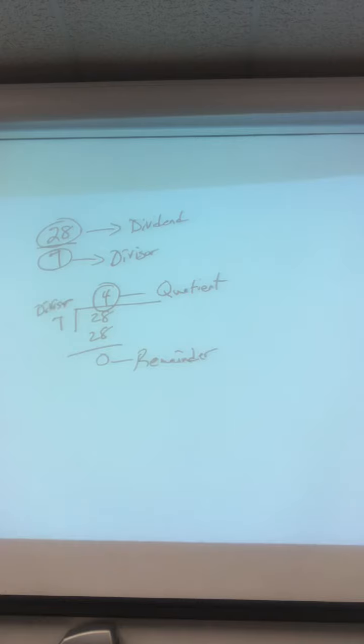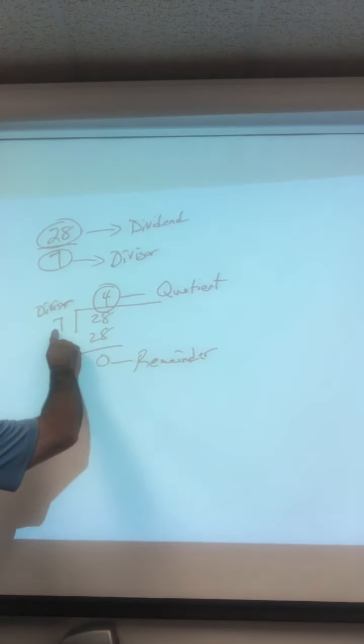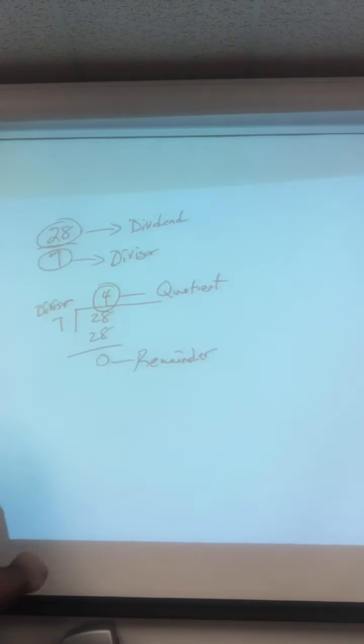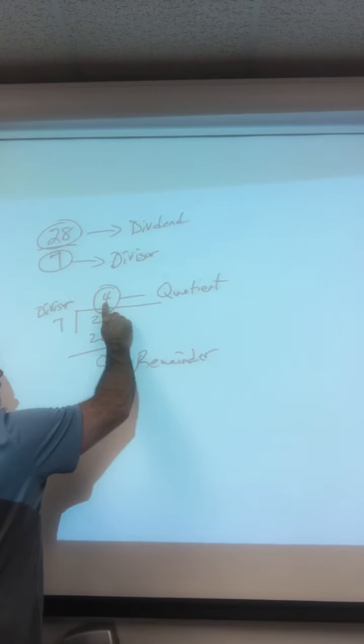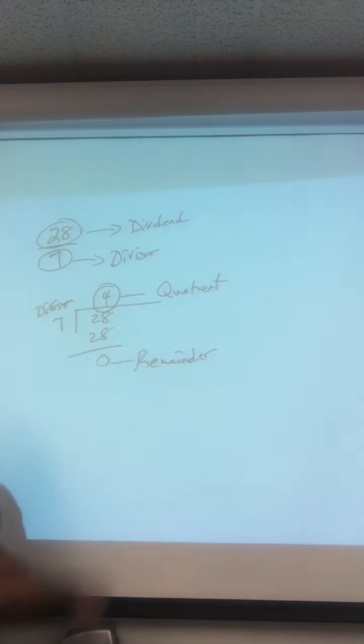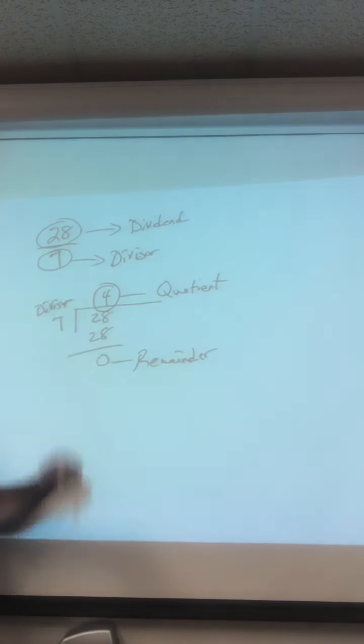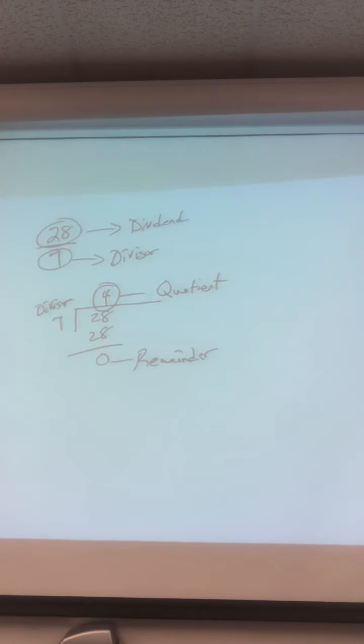Now, when you divide one number into another, can you check the answer? Yes, you can check the answer. 7 goes into 28 4 times. But how can you check to see if it's right? Multiply your divisor times your quotient, and that should give you your dividend. That's important.